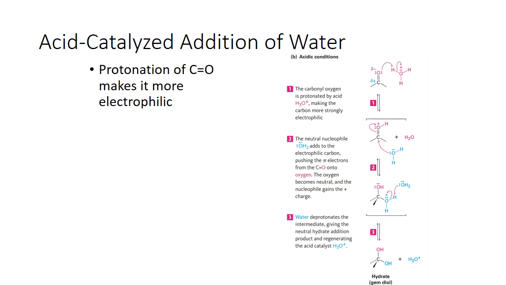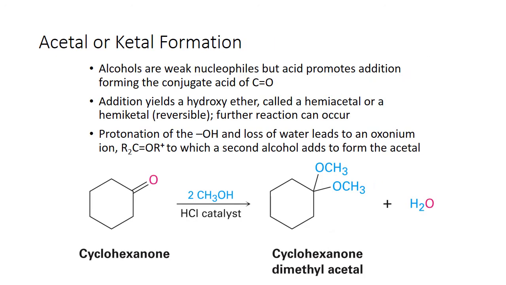Acetals and ketals can be formed in the same way. An acetal is where two alcohols have added to the carbonyl of an aldehyde, and a ketal is where two alcohols add to the carbonyl of a ketone.